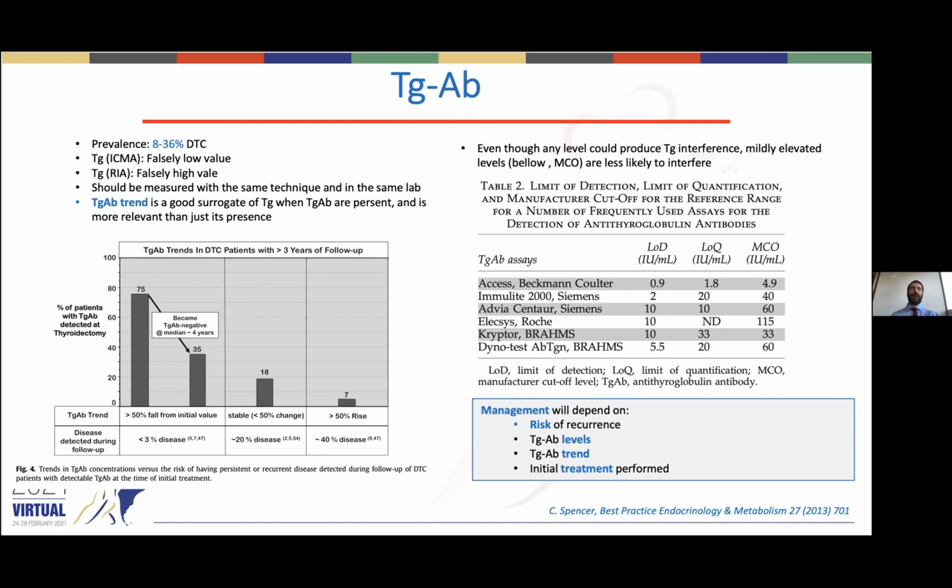It is different for a very low risk patient who has mildly elevated thyroglobulin antibodies than for a high risk patient, in whom we should be more afraid of the meaning of the thyroglobulin antibodies. Also it is important to know the initial treatment performed. Patients who had only lobectomy are less likely to have a decrease in their antibodies compared with patients who had total thyroidectomy.